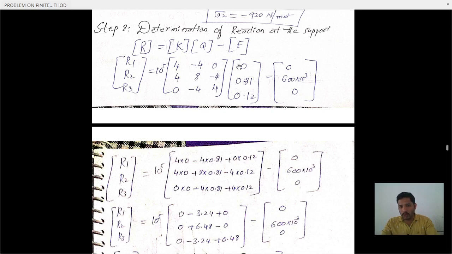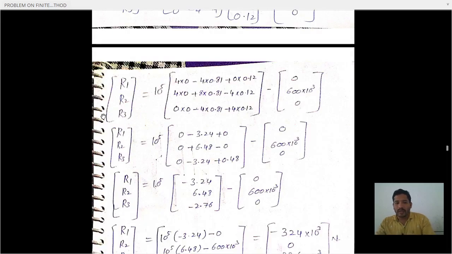4 into first point, 4 into 0, 8 into second point, 8 into 0.81, minus 4 into 0.12. Again this third row into this first column: 0 into 0 becomes 0, minus 4 into 0.81, plus 4 into 0.12, minus 600 into 10 power 3 into 0.